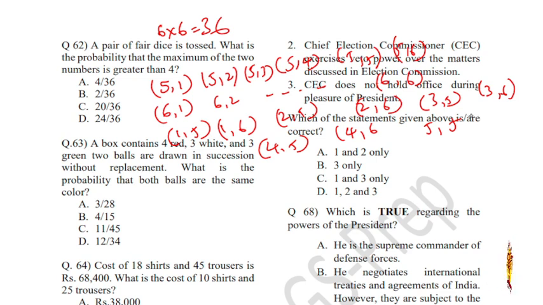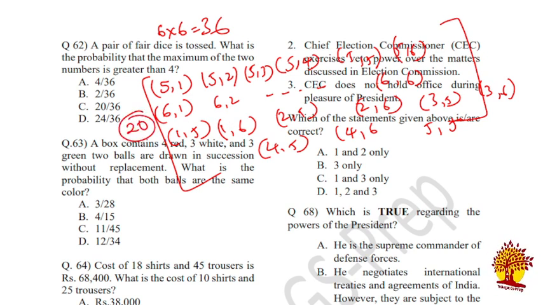Okay, like that you can continue. You will get the total number of favorable conditions as 20. So probability is 20 divided by total number of conditions, 20 by 36, or 5 by 9. Here they have given option C, 20 by 36 is the right answer.